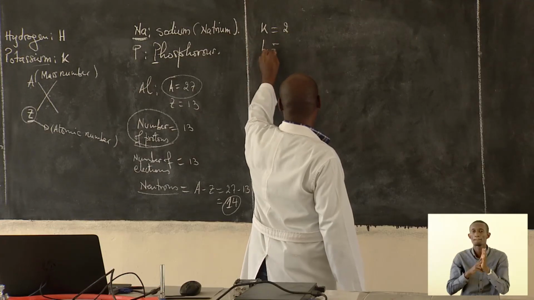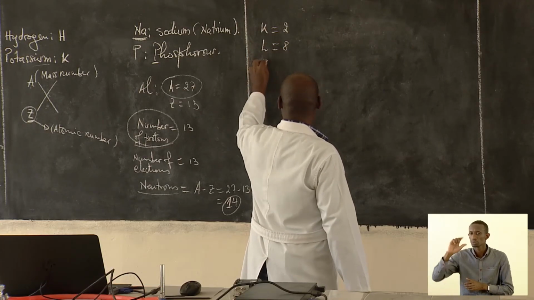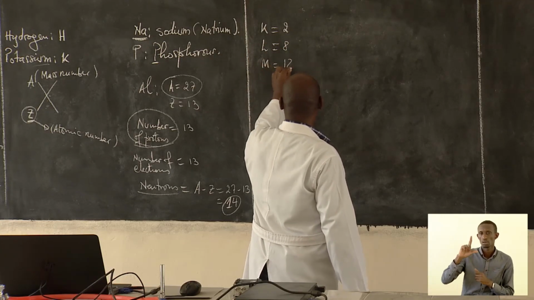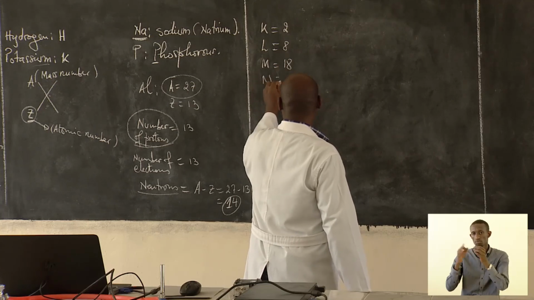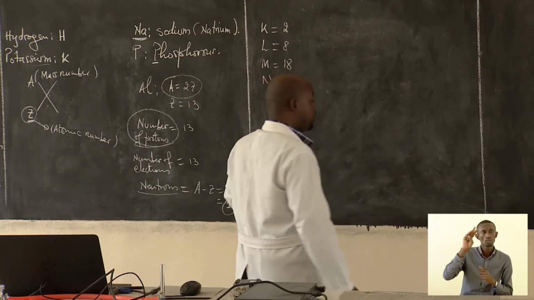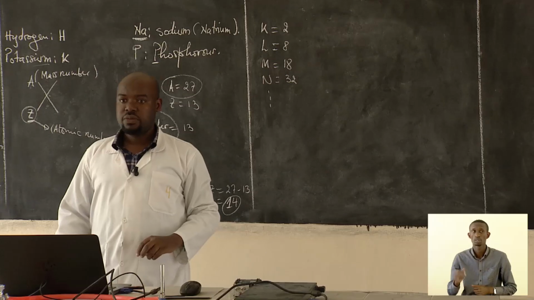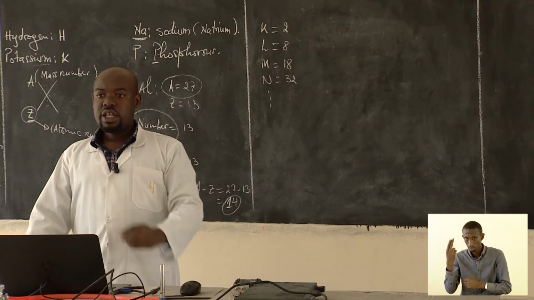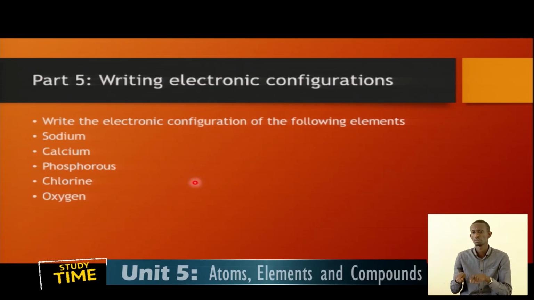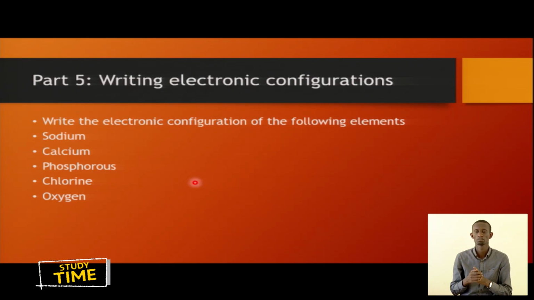L, which is the second, can have 8. M, which is the third, can have 18. And N can have 32, and so on. You remember the formula we use. And write the electronic configuration of the following elements. We will try 2 elements only: sodium and calcium.